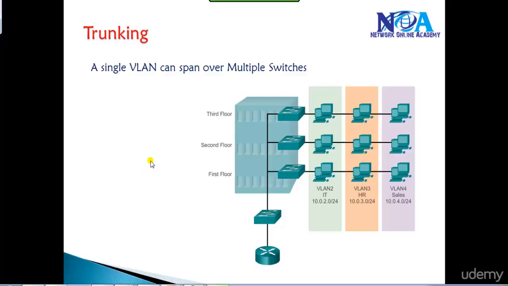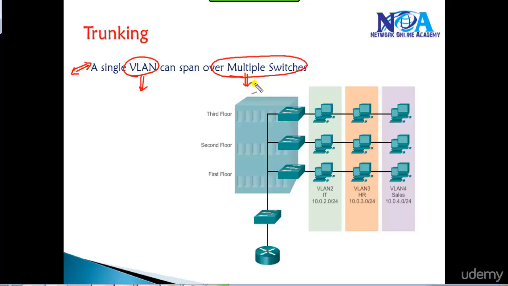Now before we discuss the complete trunking concepts, first we'll try to understand why there is a need for trunking, or what exactly we are required to do here. The first thing we'll see is that a single VLAN can span over multiple switches.